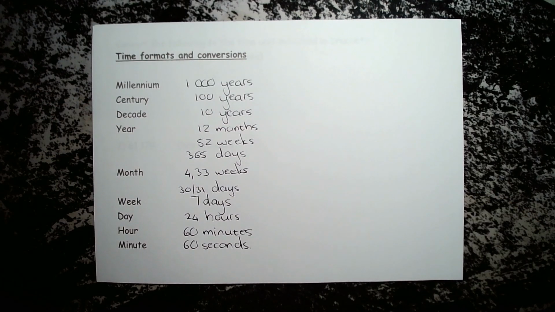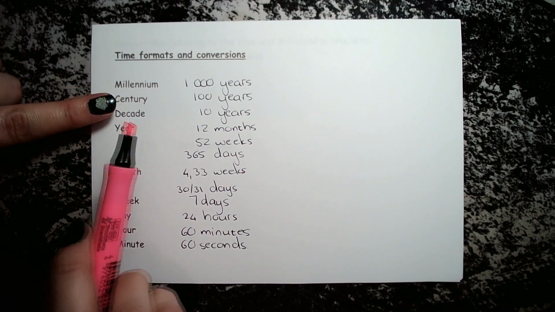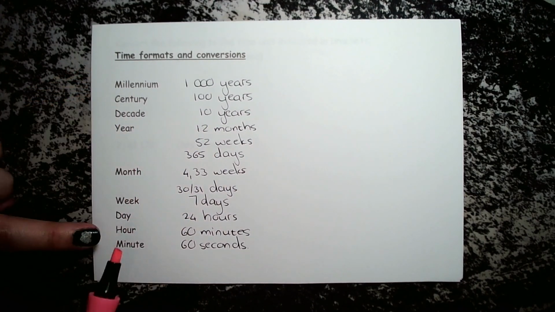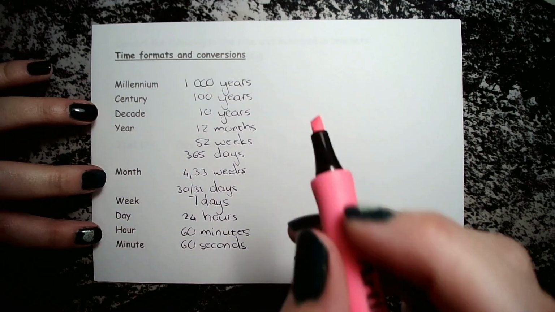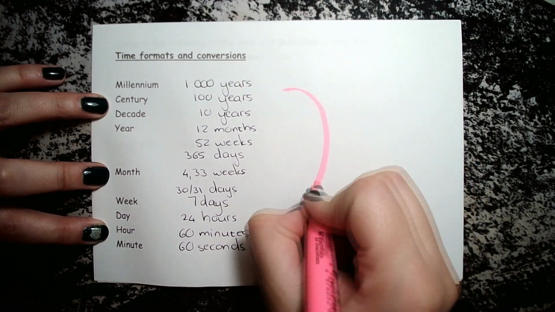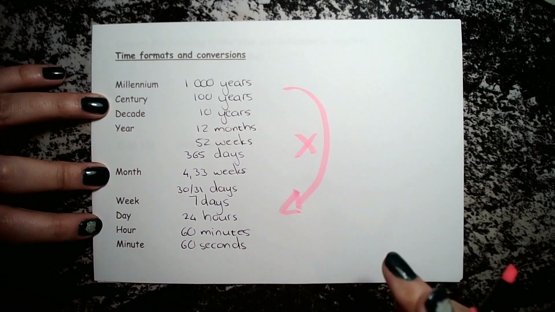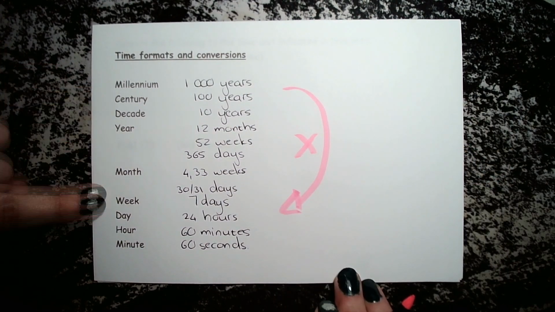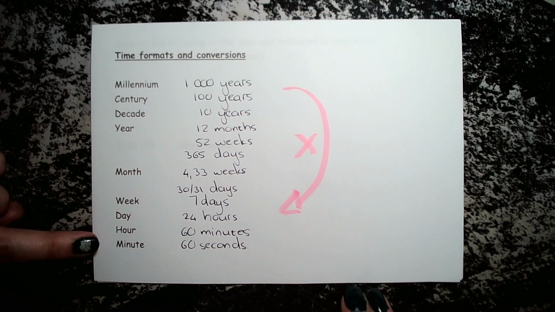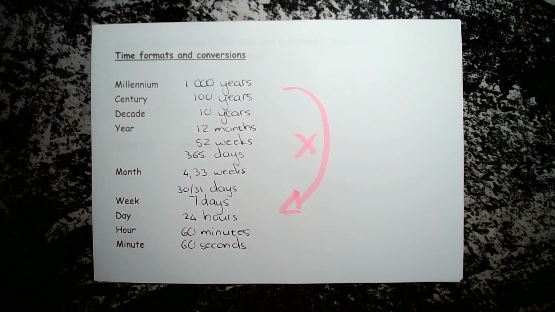What we need to remember is what operation to use. So if I was working from a large unit of measurement for time to a small unit of measurement for time, meaning I was working in this direction, I would multiply. Because the unit of measurement is decreasing in size, but that means that the number of them would be increasing in size.